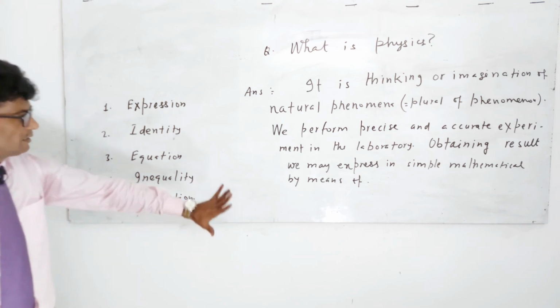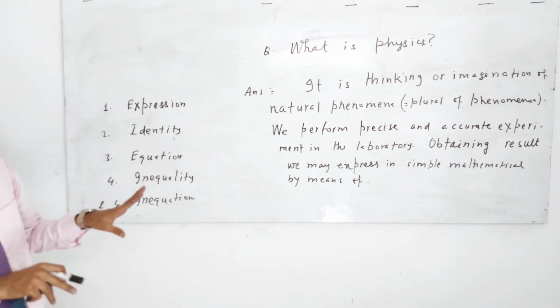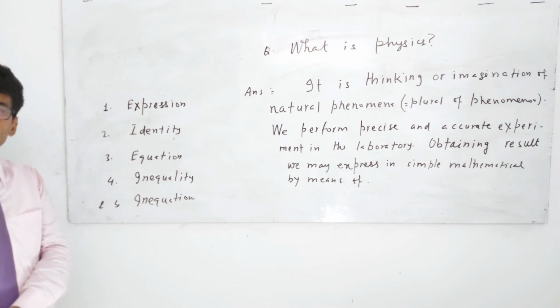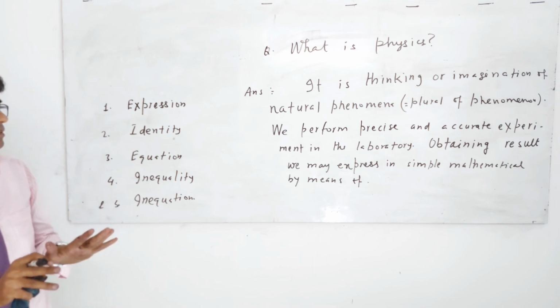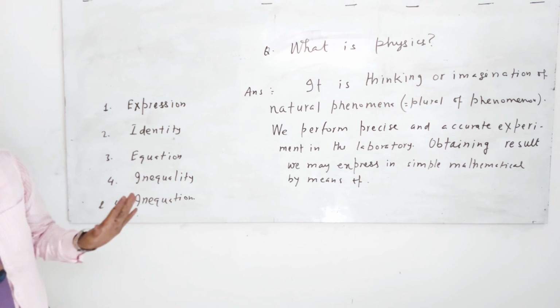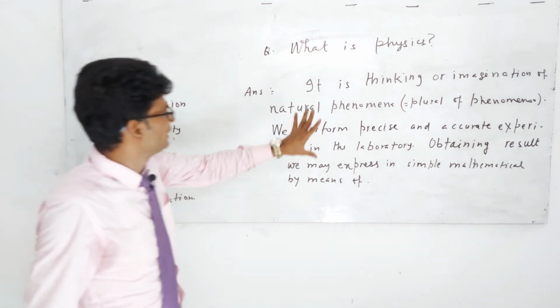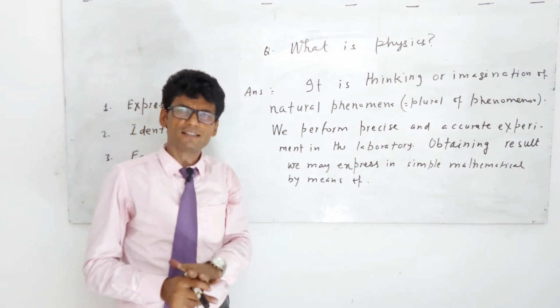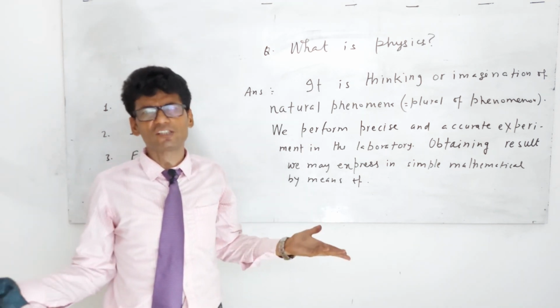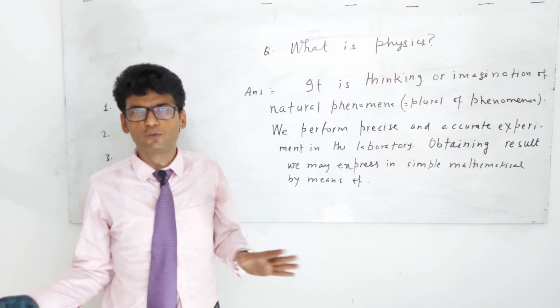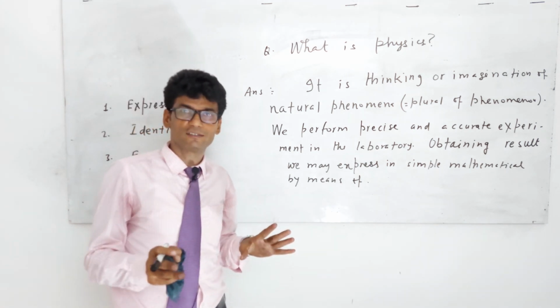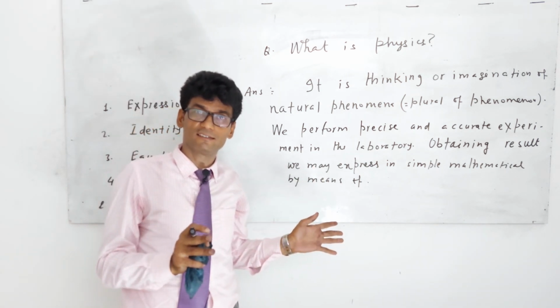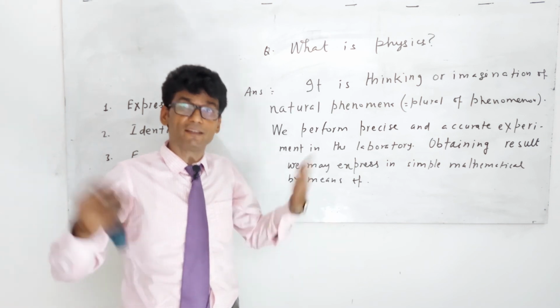This is complete and exhaustive definition of physics. It includes everything: natural phenomena. Okay. What is happening in the nature? Everything happening in the nature. So it includes every one of these subjects, because everything is happening in the nature.